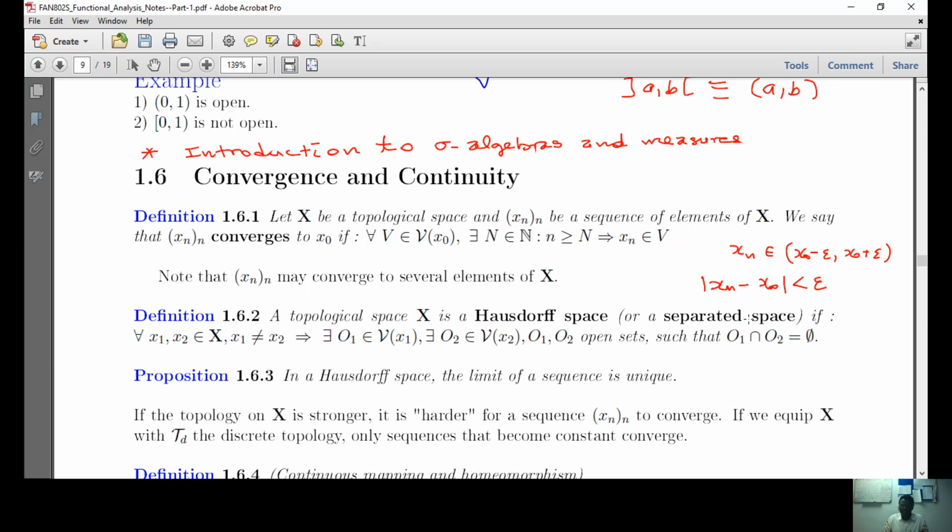And that's it. And this is exactly what you know from real analysis, right? That xn will converge to x0 if there exists a rank such that for any n greater than that rank, this is true.